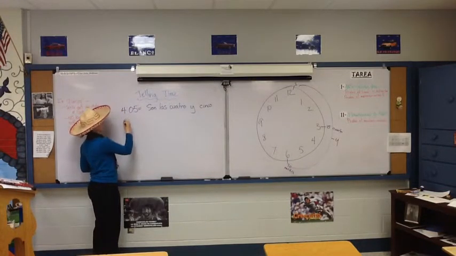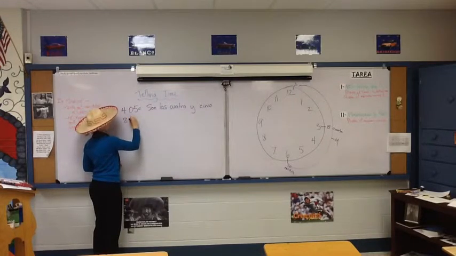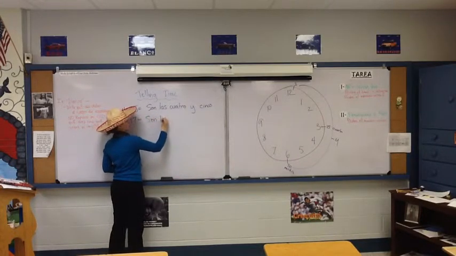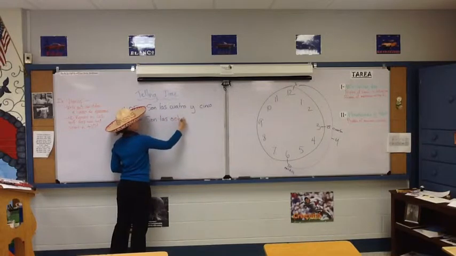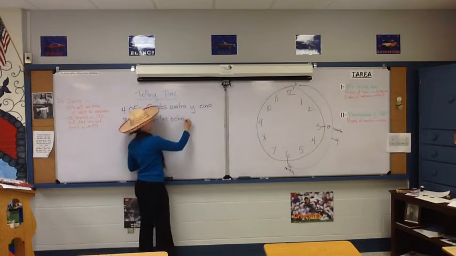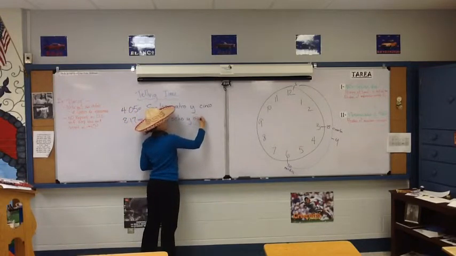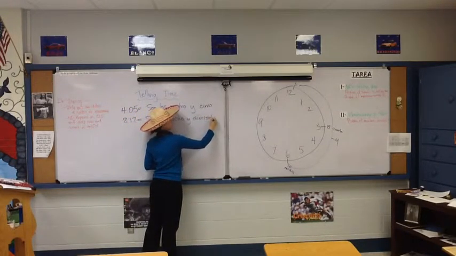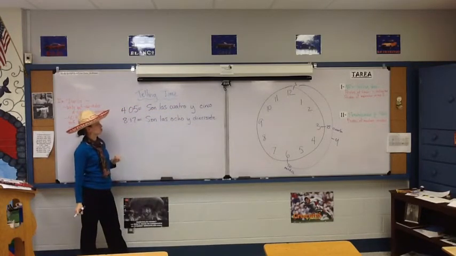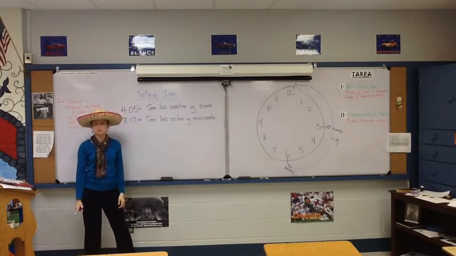Let's do a couple more. Let's do 8:17. Son las 8 for the 8 o'clock part. Now we need to say our minutes, so we need y. Diecisiete. Son las 8:17 means there are 8 hours and 17 minutes.